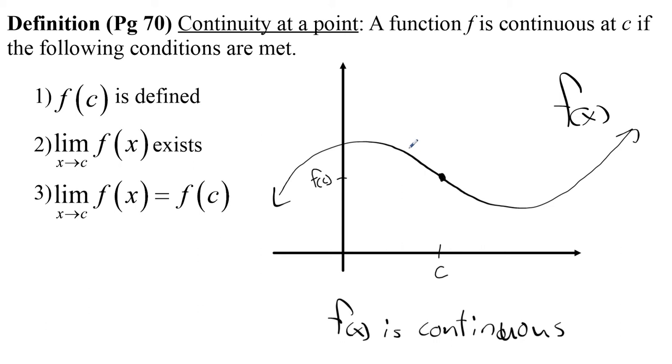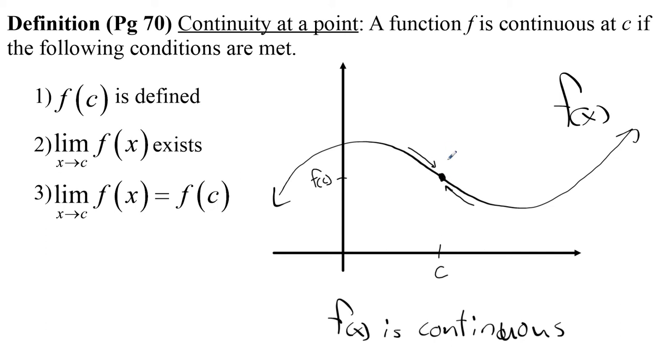So if we follow our rule for limits, as I approach it from both the left and the right, it looks like it points to the same value. So that is true. And finally, the limit and the function at c are both equal. So the limit and the value of the function at that point c are both equal, and clearly we can see that to be true.